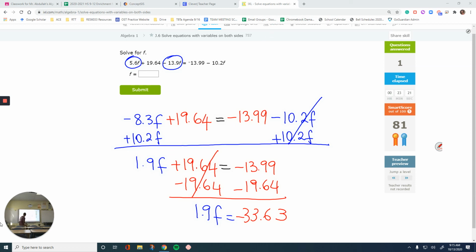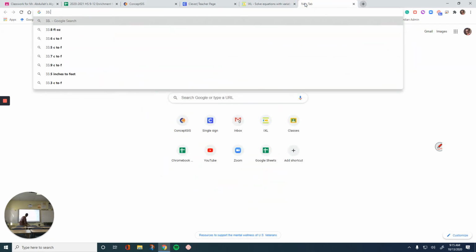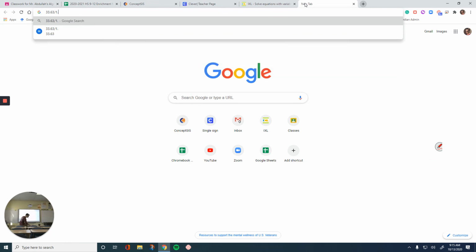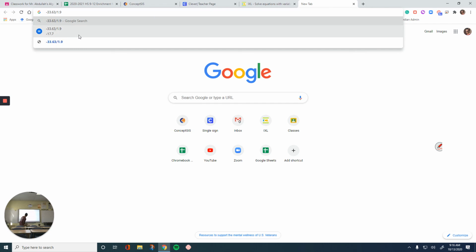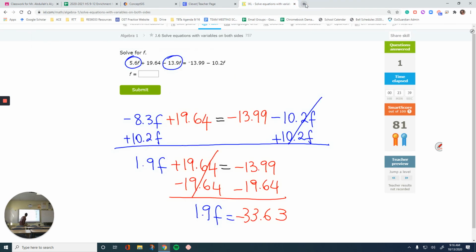Let's just use a calculator. 33.63 divided by 1.9. The first number was negative. So the answer is negative 17.7.